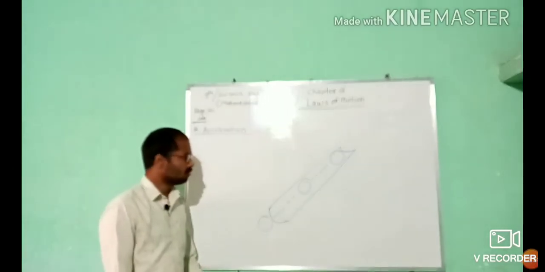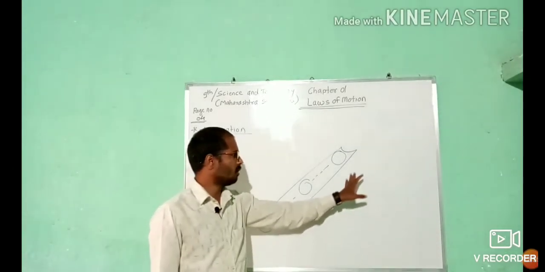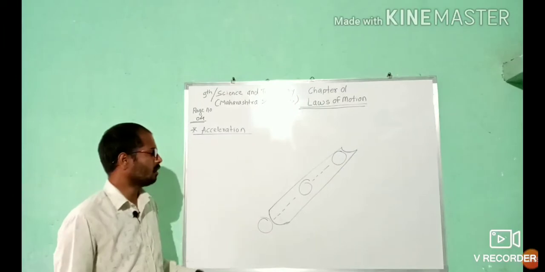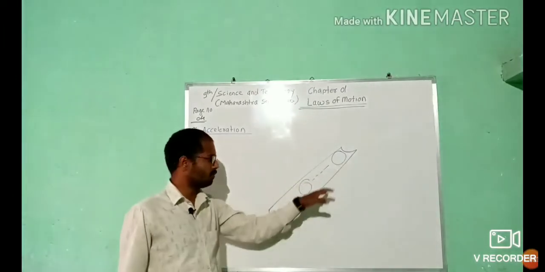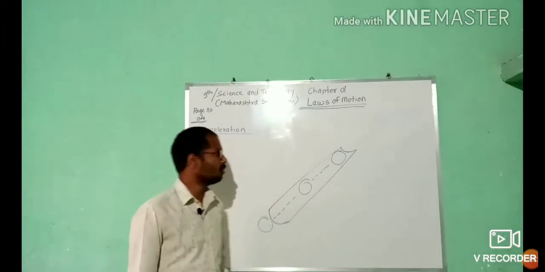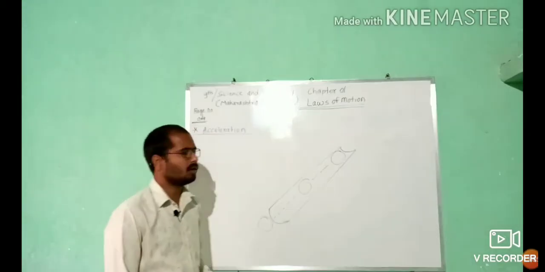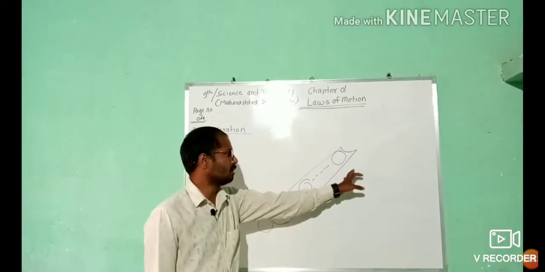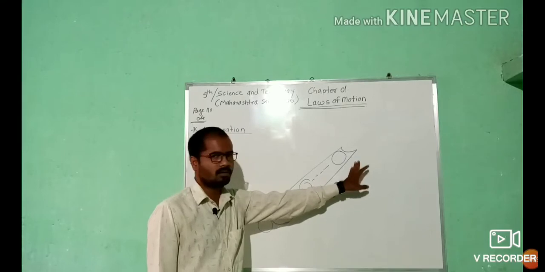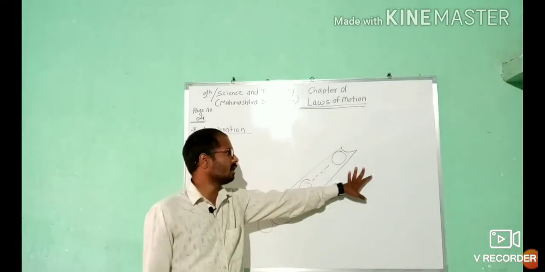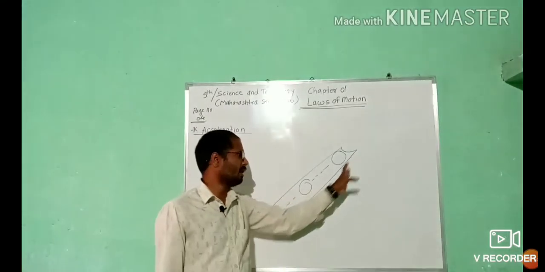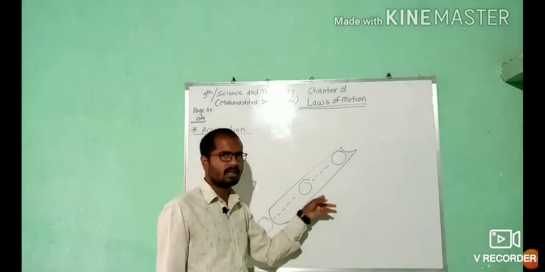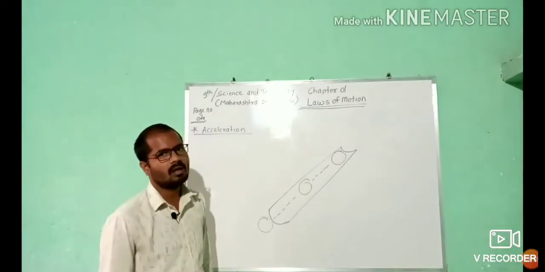Okay, now you can do it at your home also. So as you are observing the velocity of the ball at the top, middle and the bottom, you come to know that there is a change in velocity of that object. There is a different velocity at the top when that ball is at the state of rest, or in the hand. Then there is a different velocity in the middle and a different velocity at the bottom.